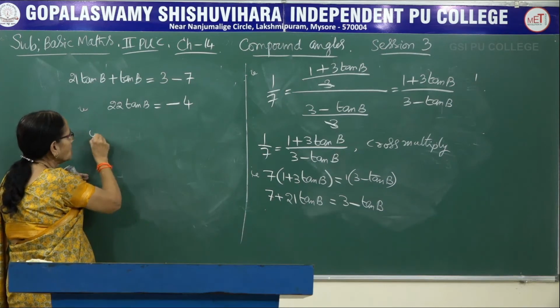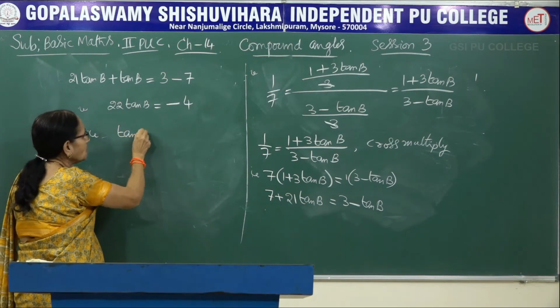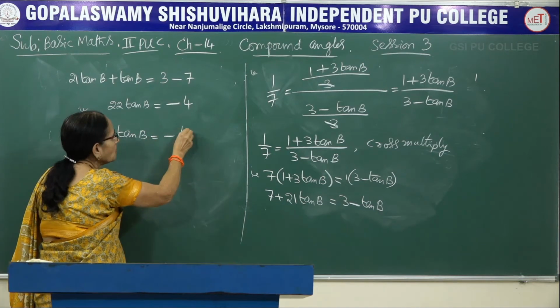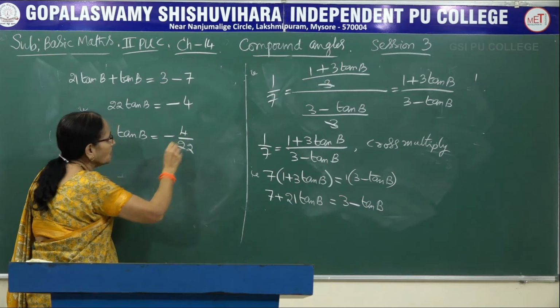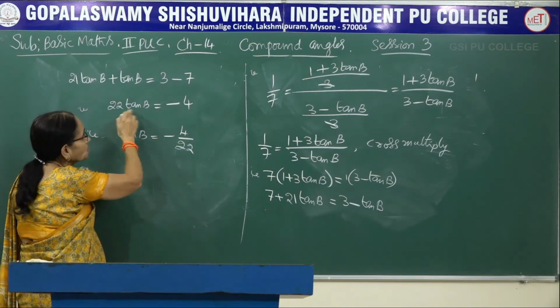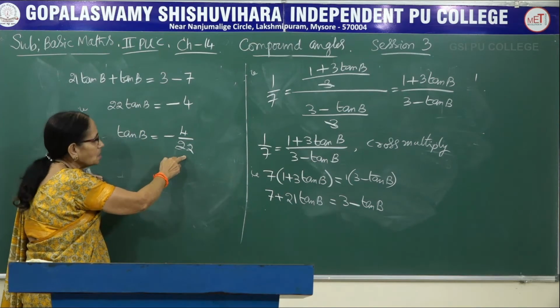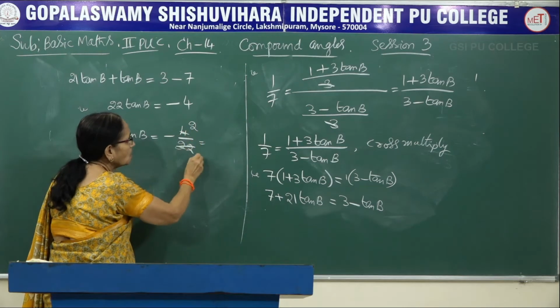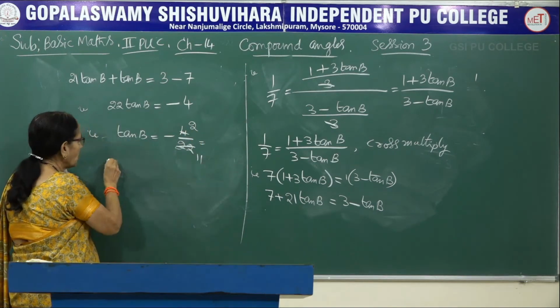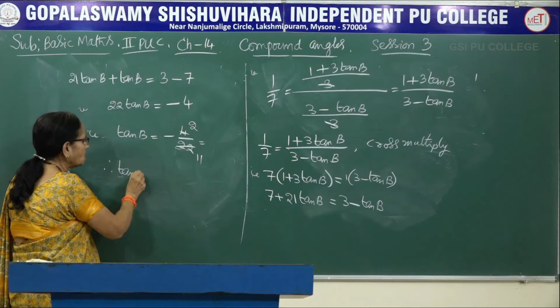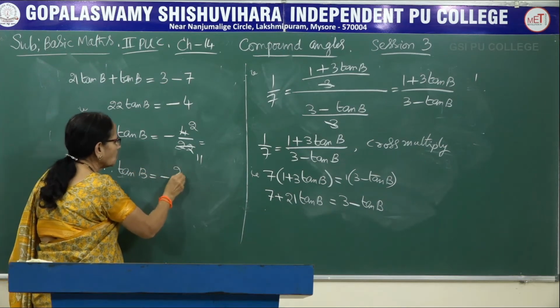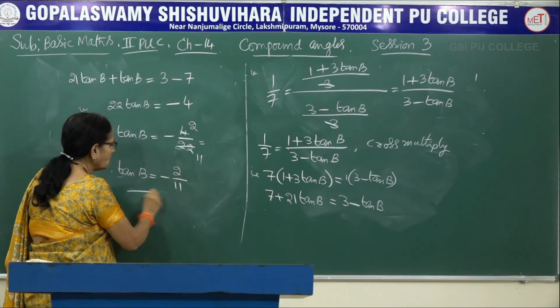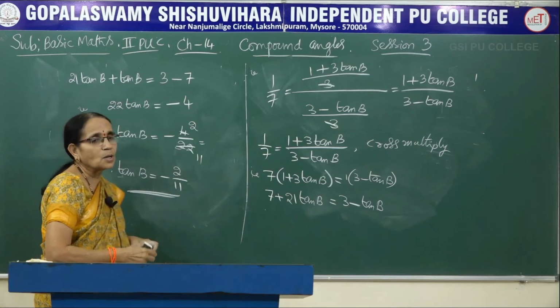Therefore, you can write tan B is equal to minus 4 divided by 22. Because it is multiplied here, we have to take it to the denominator. Can you simplify this one? It is 2 2s are 2 11s are. Finally, we get the value tan B would be equal to minus 2 by 11. So this is the value of tan B.